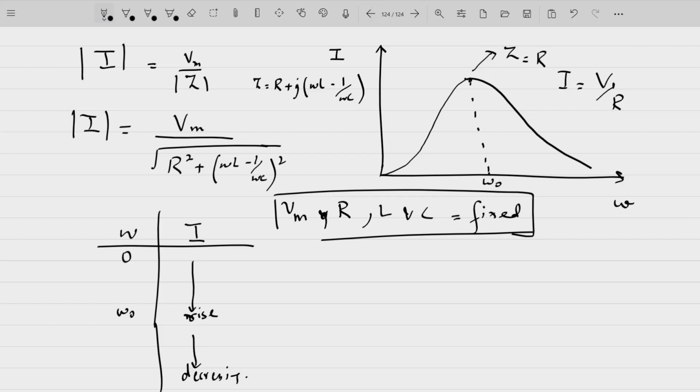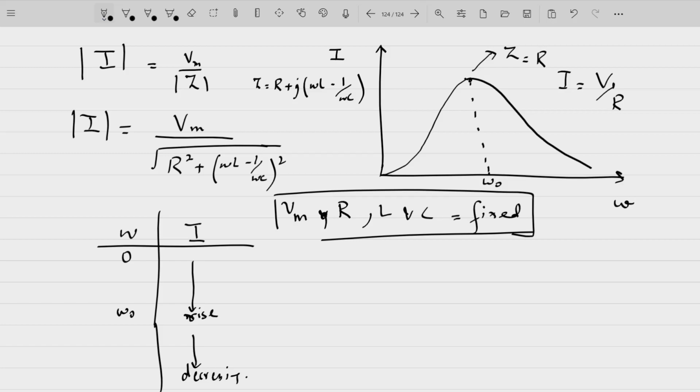We are not discussing the behavior of current with respect to time. This is the behavior of current with respect to frequency. So if the frequency of the system is changing, what you will see is that initially the value of current will increase, but there will be a point where current will reach a maximum, and that particular point is actually the resonance point, where impedance is equal to R. Beyond this particular point, the current will again start decreasing.